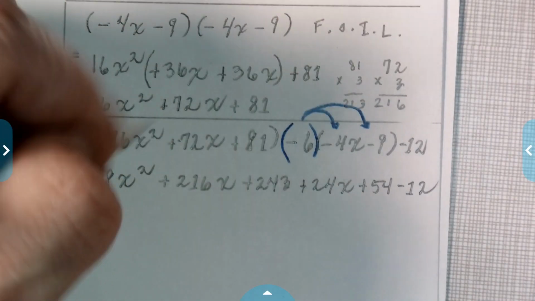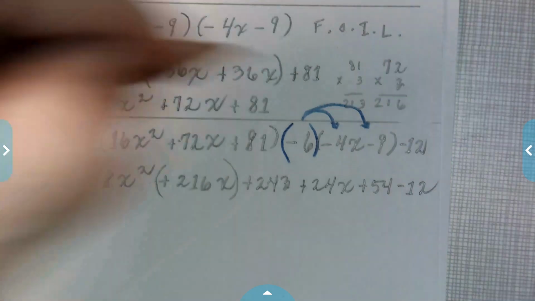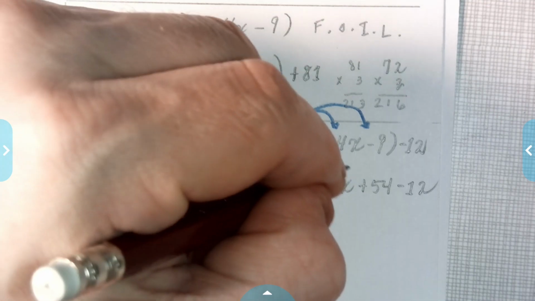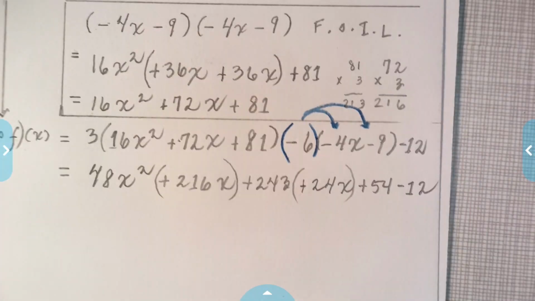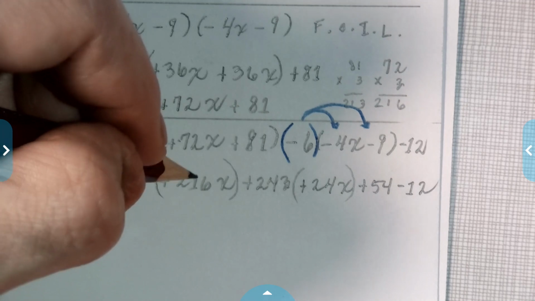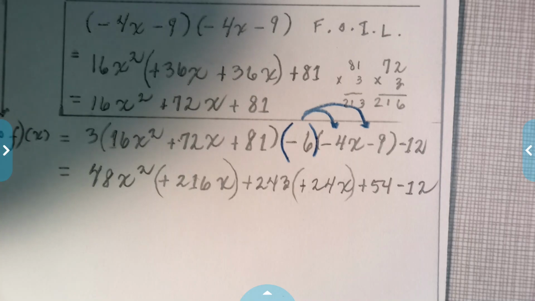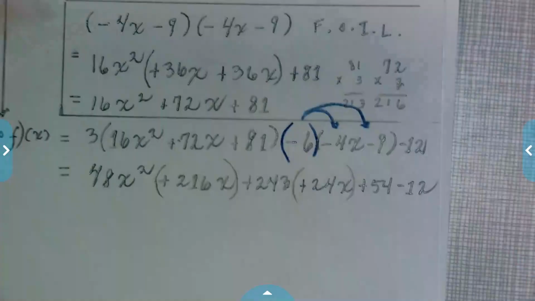There are no other squared terms, but this 216x and this 24x go together. So 16 plus 24 is 40, so 240.